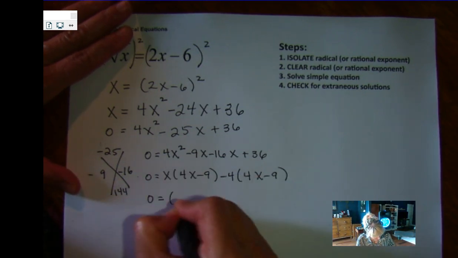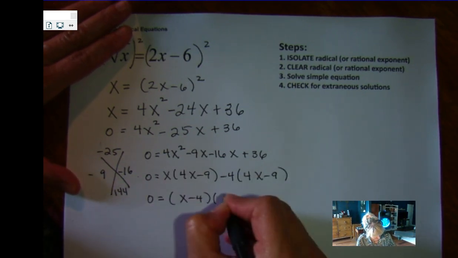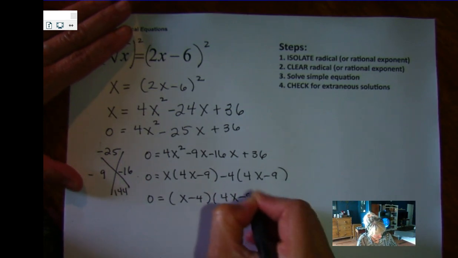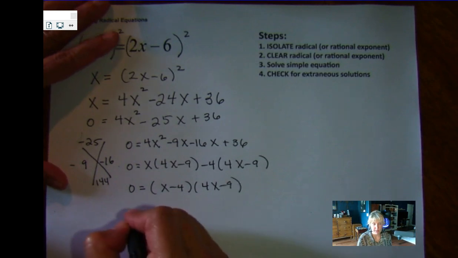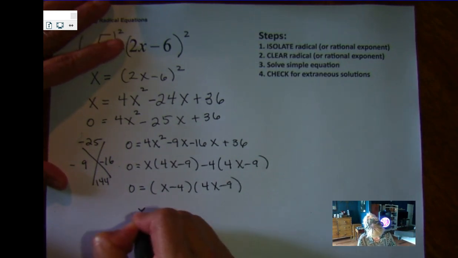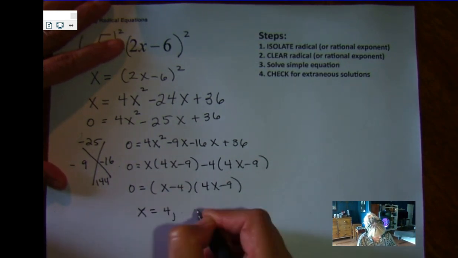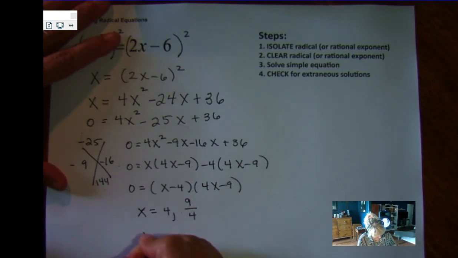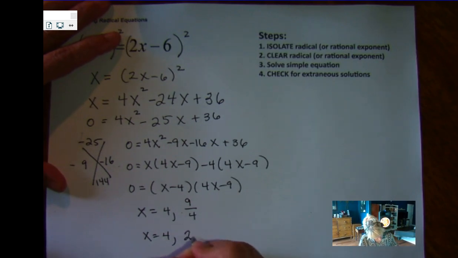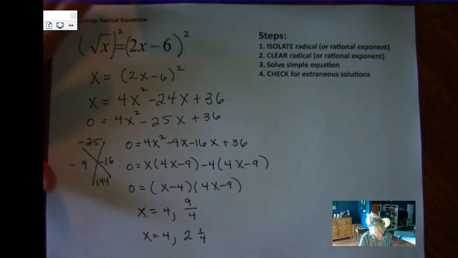So 0 equals (x minus 4) times (4x minus 9). Let's go ahead and solve by the zero product rule. So x is going to equal a positive 4 and a positive 9/4. X is going to equal 4, and then this is going to be 2 and a 4th.